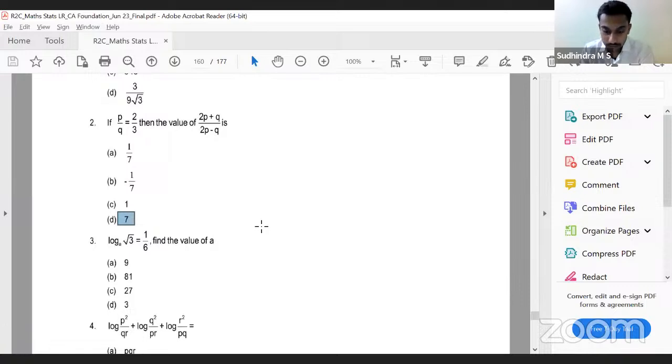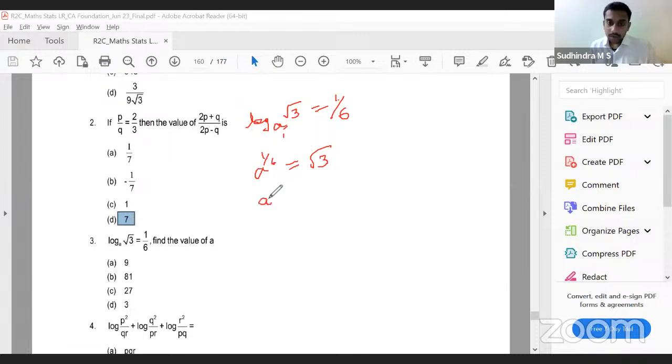27. Very good. Log root 3 to the base a is equal to 1 by 6. This can be written as a to the power of 1 by 6 is equal to root 3. Now, root 3 can be written as 3 to the power of 1 by 2.